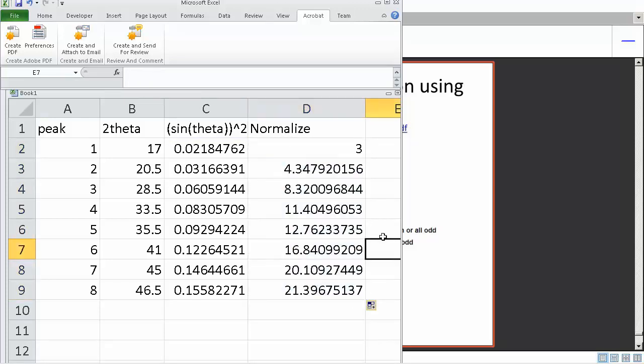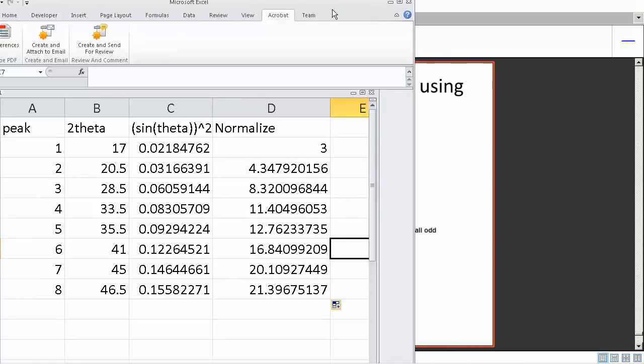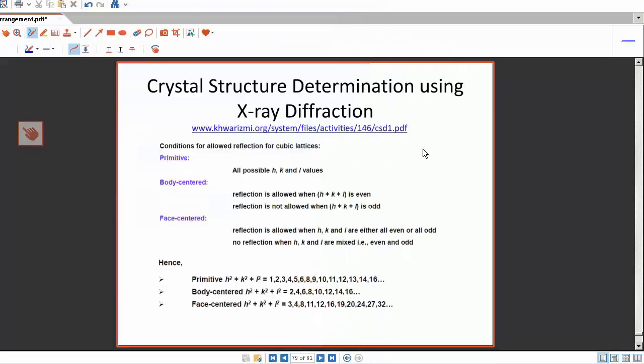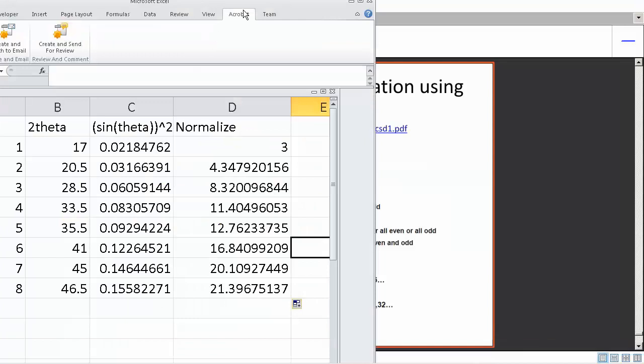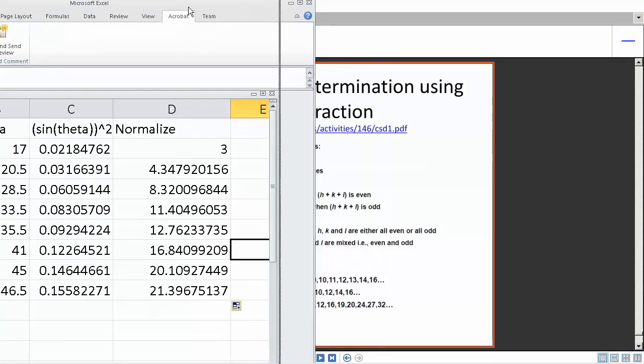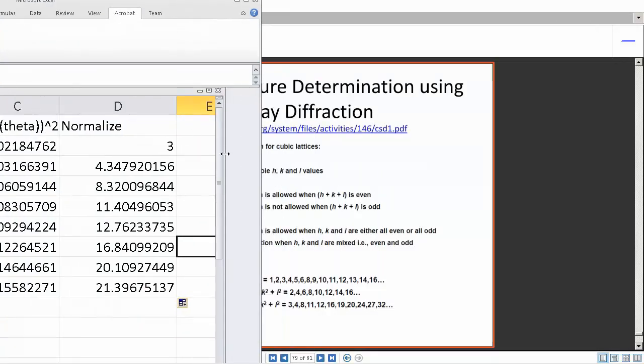Okay, getting something closer, but remember there is experimental error, and we may have made some errors in reading the values off the chart, so we're not getting precisely integers.